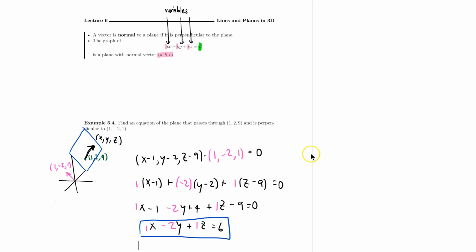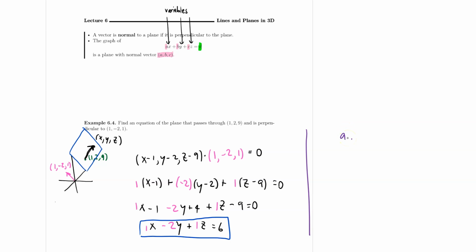Now, let me also do this another way. Because I knew that I would like my plane to go through (1, 2, 9) and be perpendicular to (1, negative 2, 1), I knew right away that the coefficients for x, y, and z here are going to be just 1, negative 2, and 1. So I can use this fact and just write out the equation for my plane.